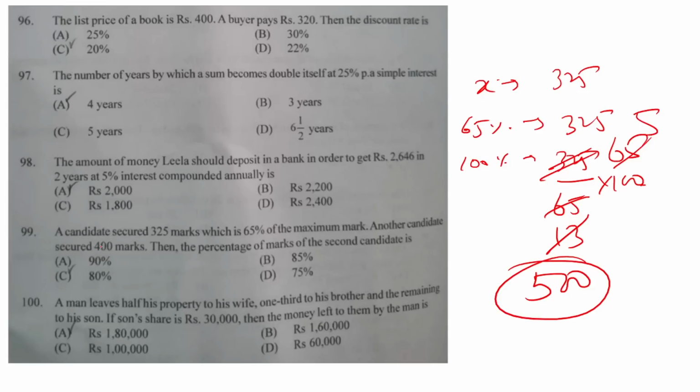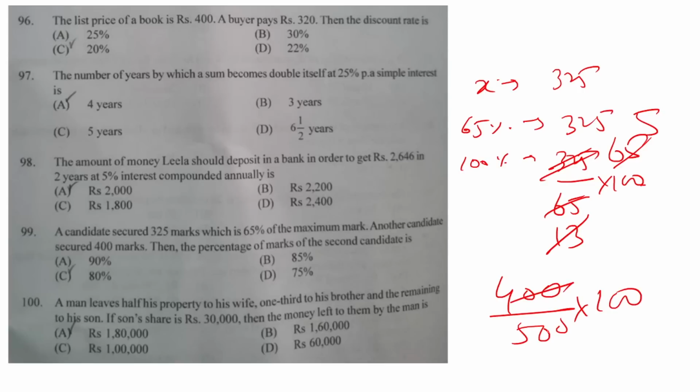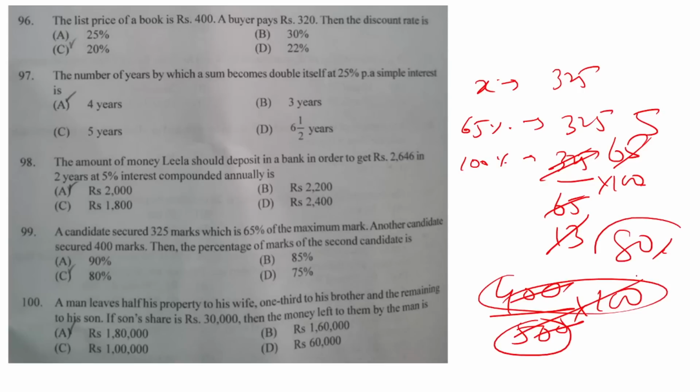Another candidate scored 400 marks. To find the percentage, 400 divided by total marks into 100, and cancelling, 400 by 5 is 80. So 80% is the correct answer.